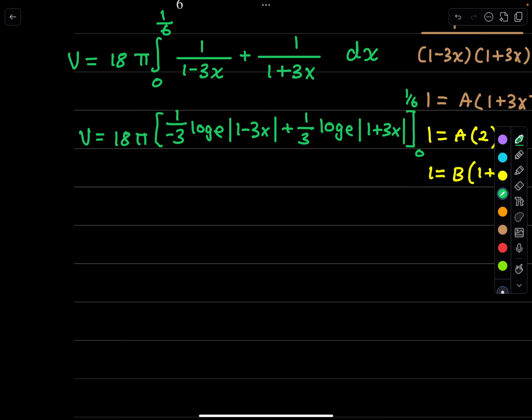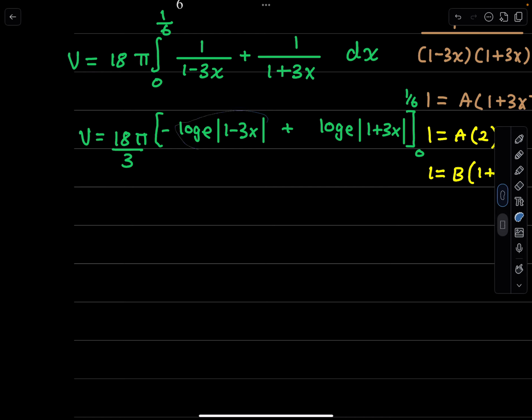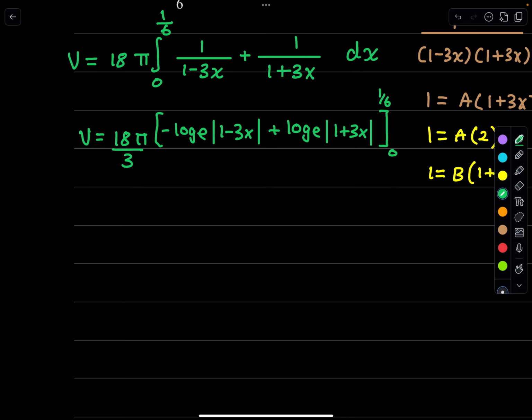Okay, so you can actually take the 1/3 out, it's just a common factor. So take that 1/3 out. So this becomes a negative, and we can get rid of this. All right, there it is. Let's nicely put this together. What's going to happen is, of course, we've got two logs.